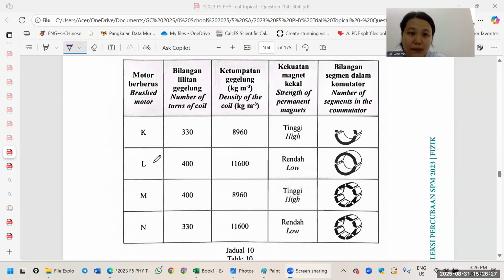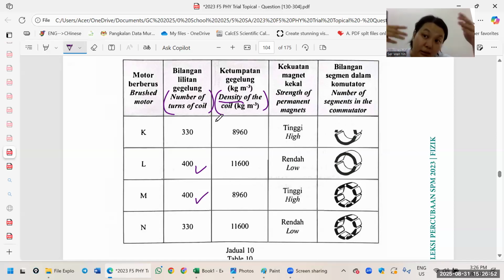Okay, first of all, number of coils. The more, the better. Density of coil means if you want to move something faster, the density should be low.